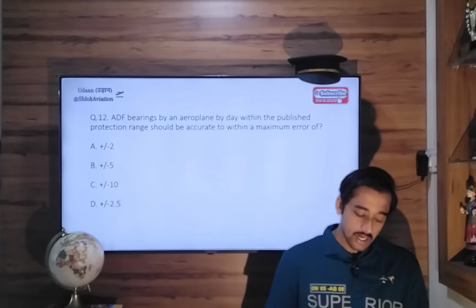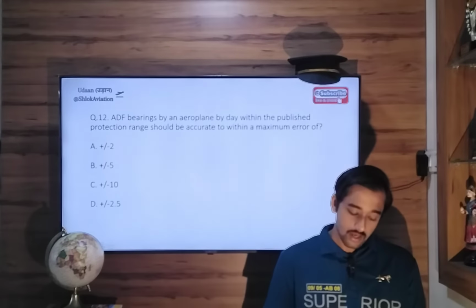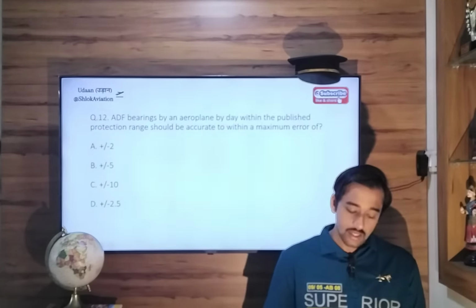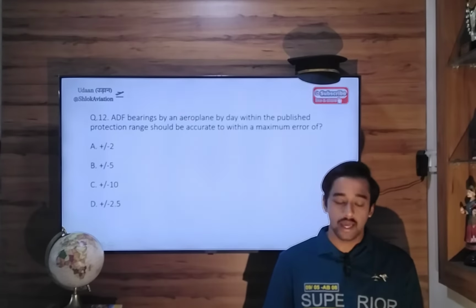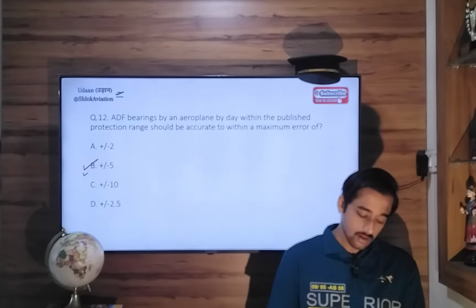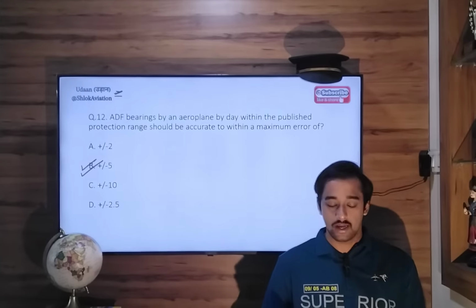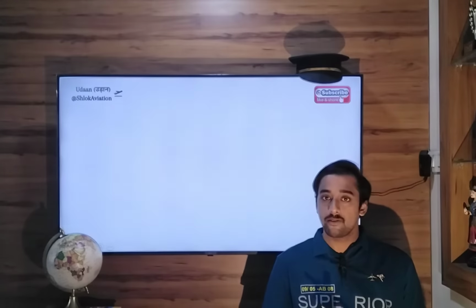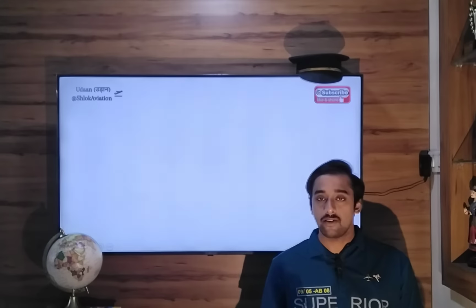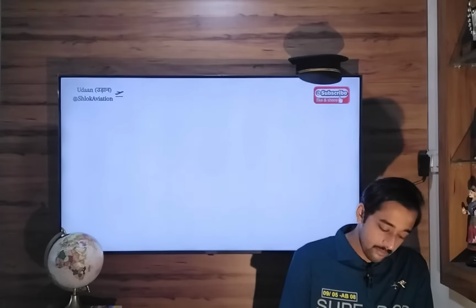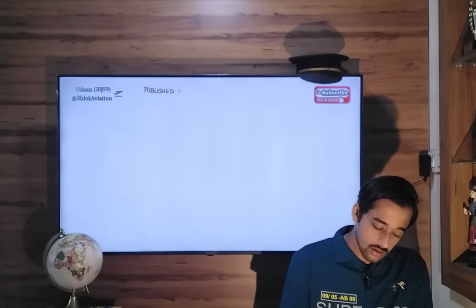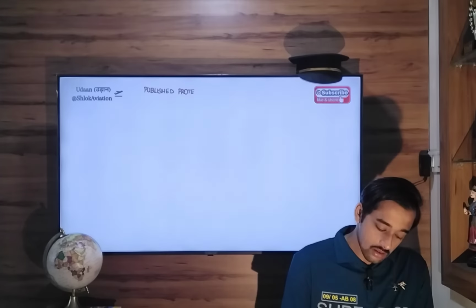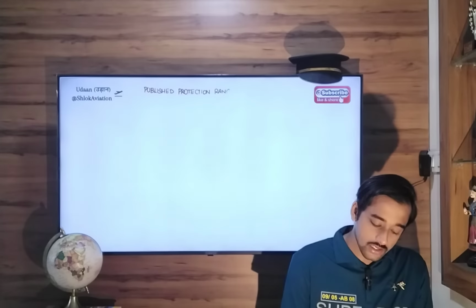Next, ADF bearings by an aeroplane by daytime within the published protection range should be accurate to within a maximum error of how many degrees? So it should be maximum of plus minus 5 degrees. So this is what I have explained before, that every NDB station will have a published protection range or designated operational coverage, right?